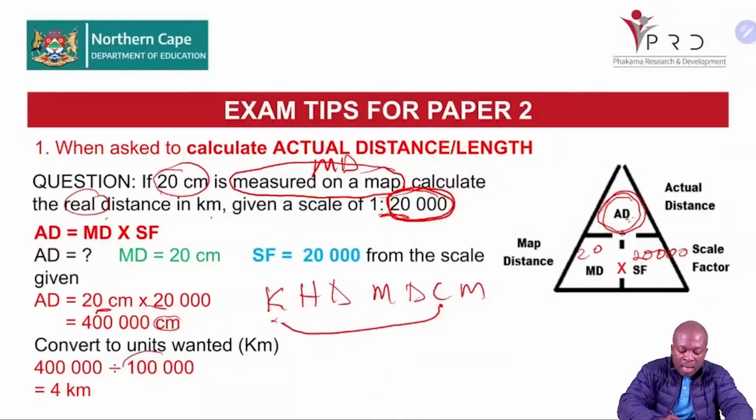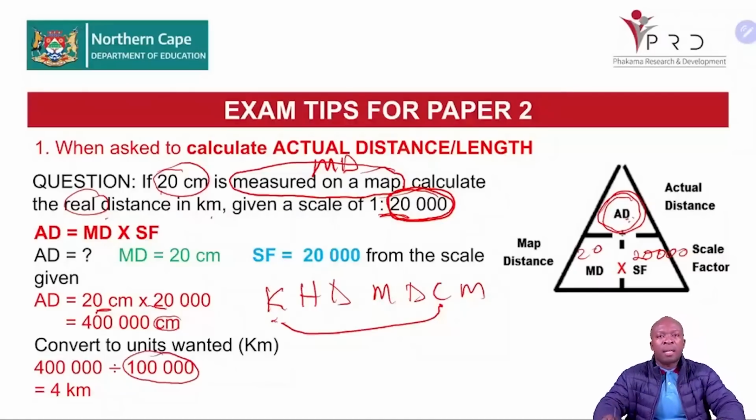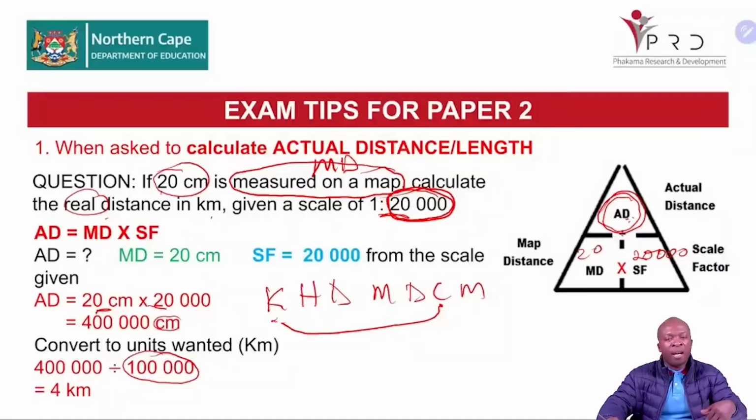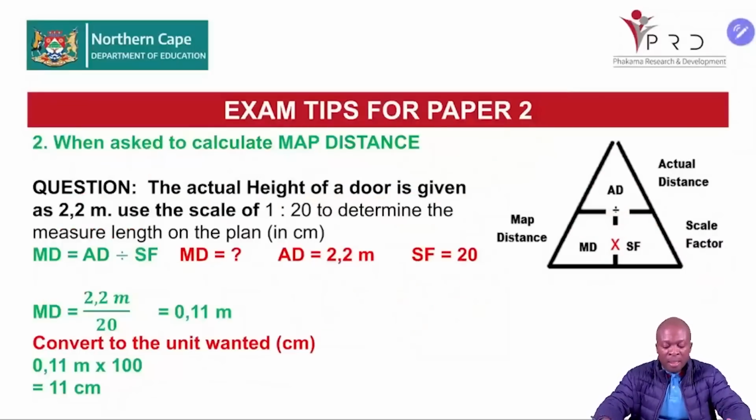Hence, you see that I am dividing by 100,000. Whenever you have your values in centimeters and you have to take them to kilometers, you divide by 100,000. If the value is in kilometers and the examiner wants it in centimeters, you multiply that value by 100,000.